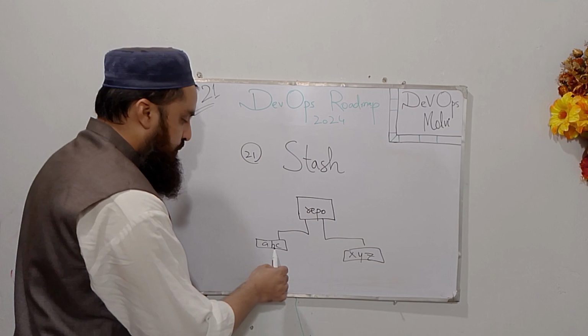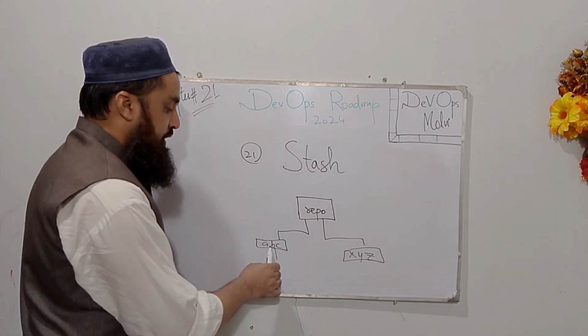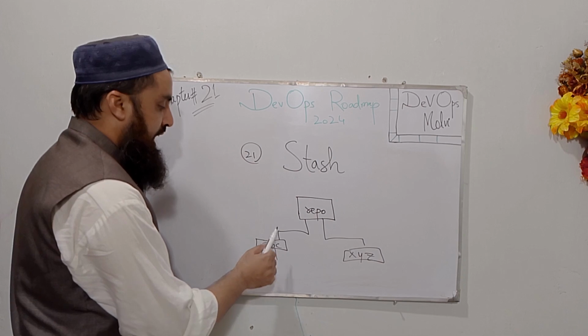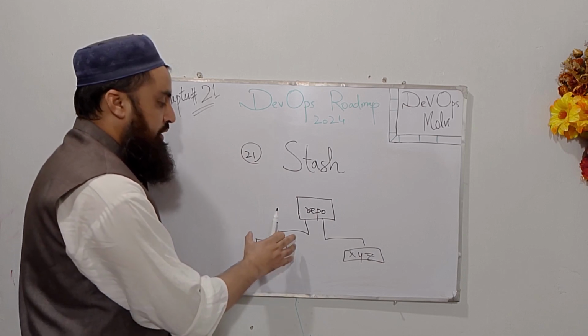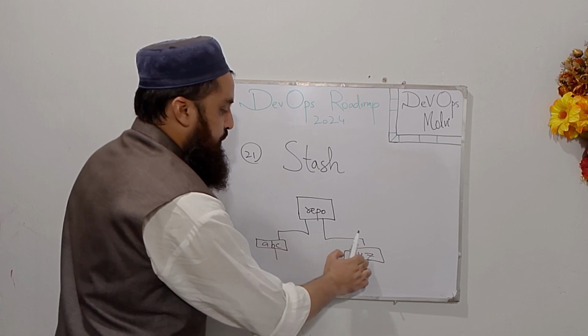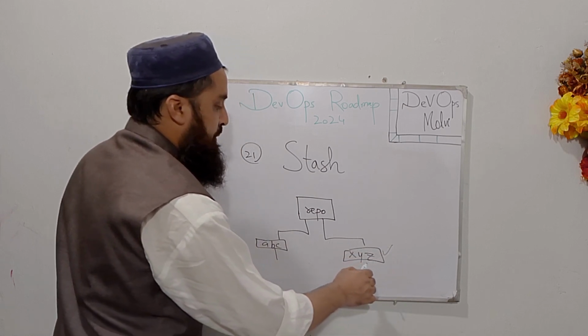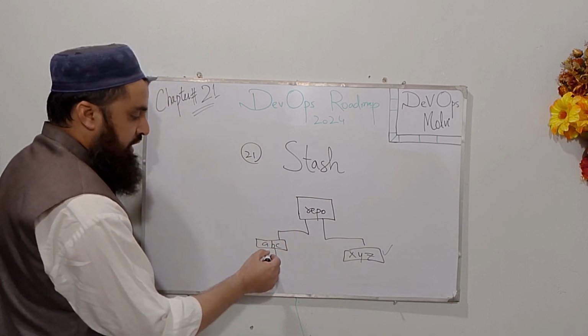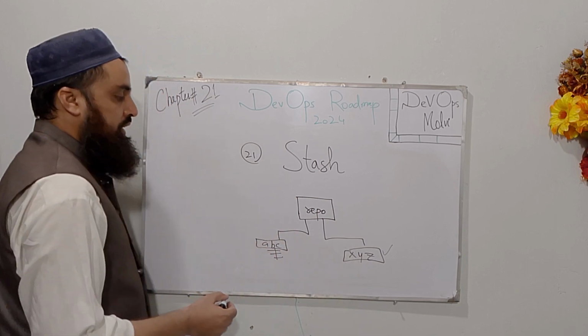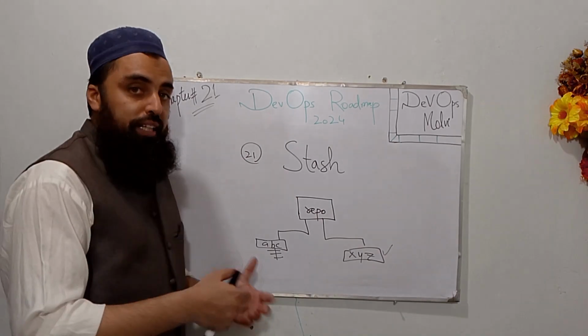But I do not want to commit the changes on my branch ABC, so I can use git stash and those changes will not be committed, and I can switch from ABC to XYZ, and after finishing the work on XYZ branch I can come back to branch ABC to finish up my changes and then I can commit.